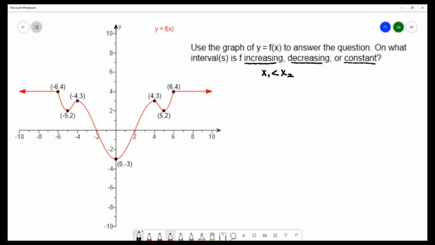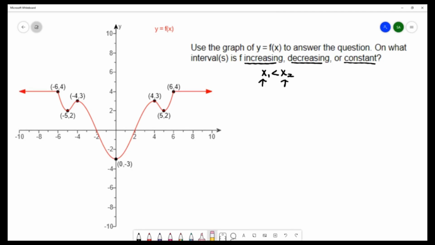So that's telling us to go from the smaller to the larger value. And so on the x-axis, the smaller values lie on the left. So I'm going to start on the left.